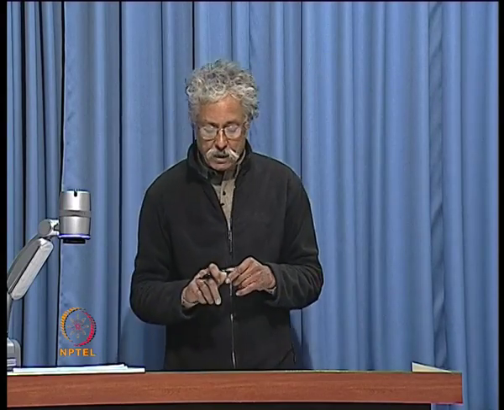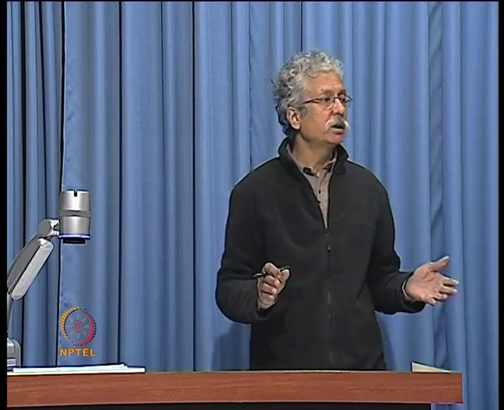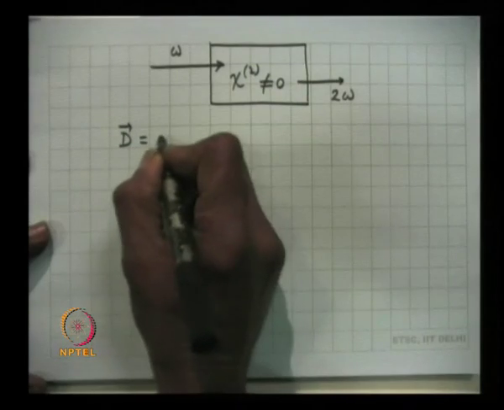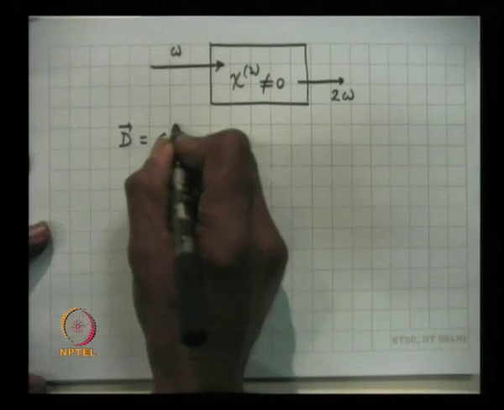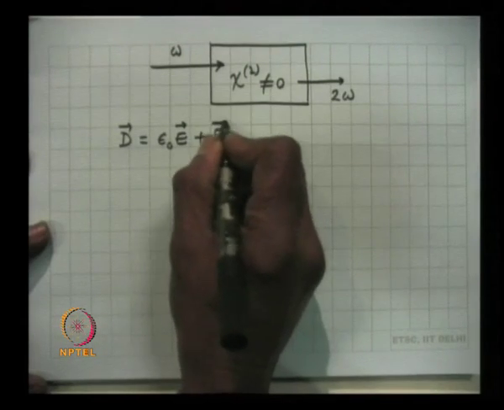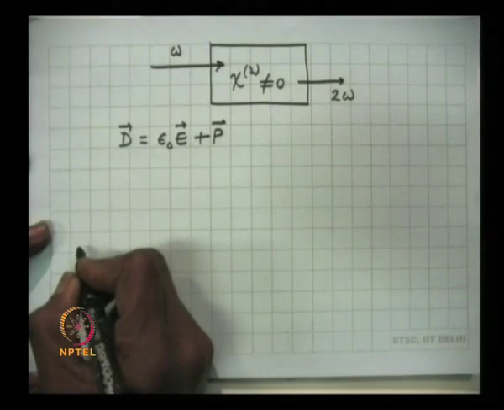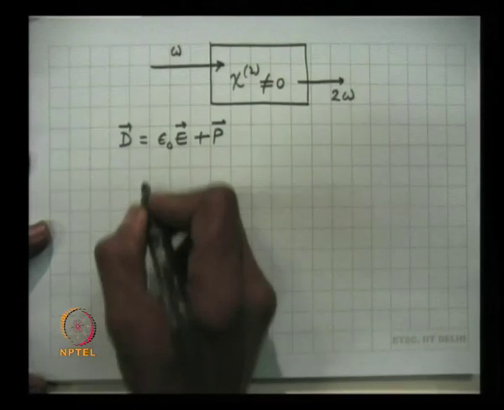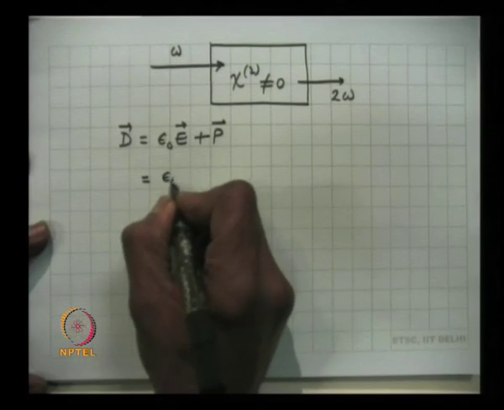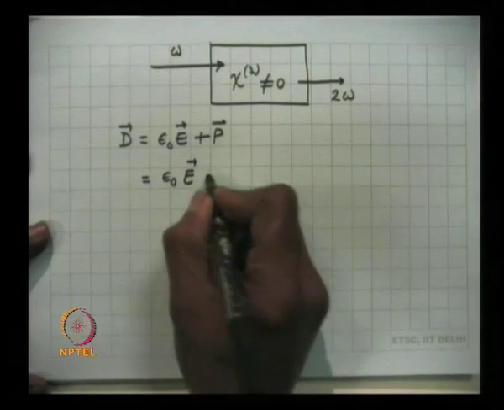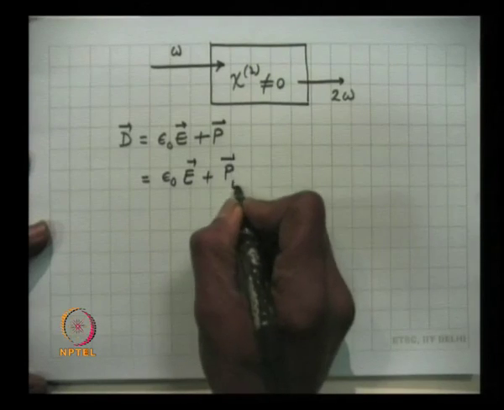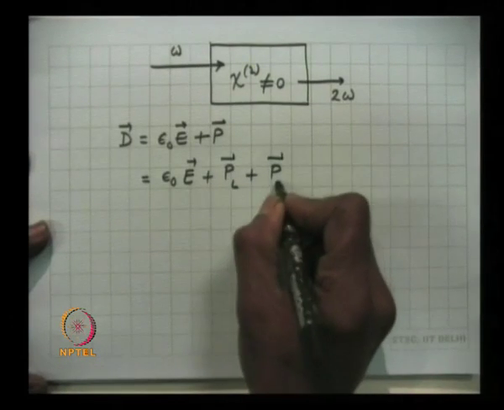Now, before we do that, I must derive a wave equation in the presence of nonlinearity. So, let me go back and write this equation. D is equal to, remember, epsilon 0 E plus P. This is the defining equation for the displacement vector. Now, I can write this as epsilon 0 E plus P linear plus P nonlinear.